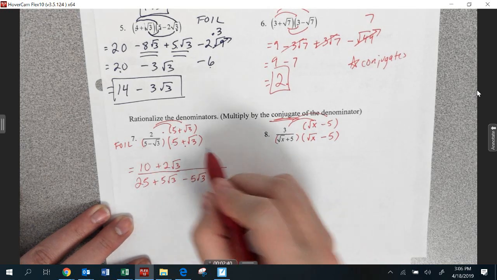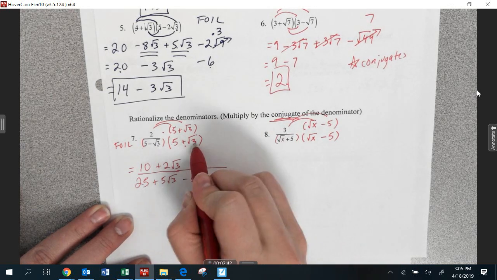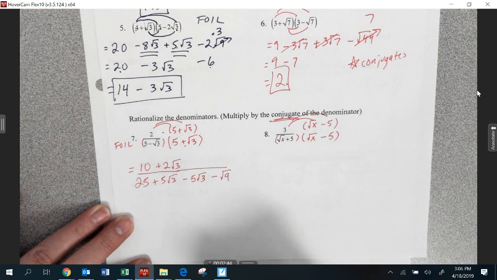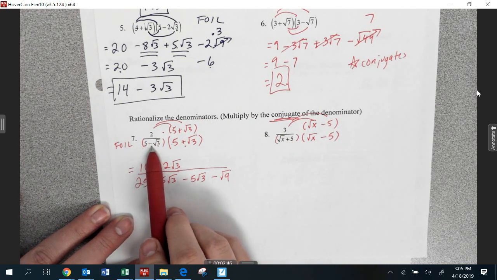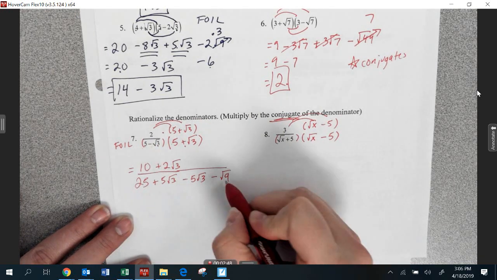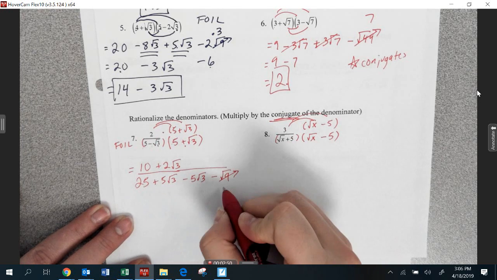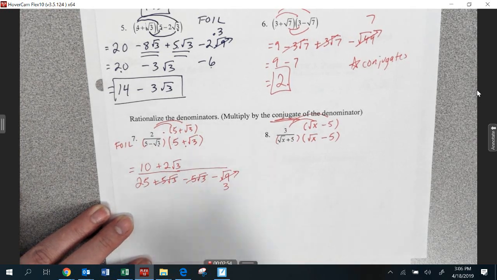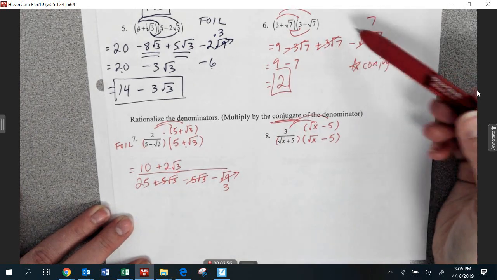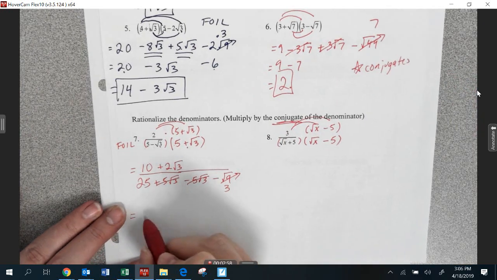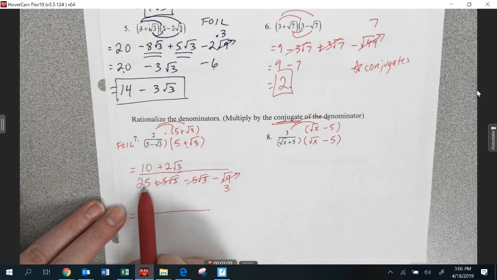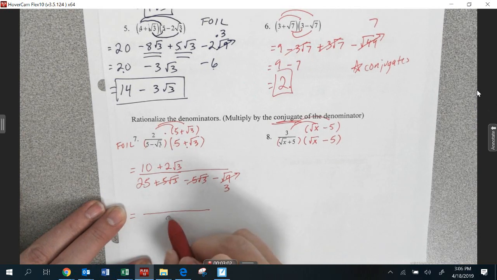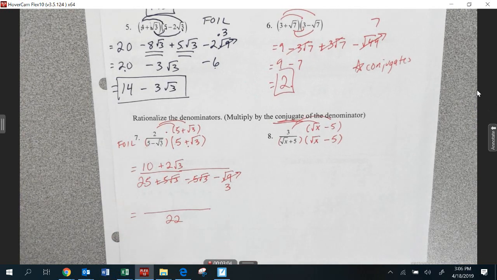And then my lasts would give me radical 3 times radical 3, which would give me negative radical 9. And this would be negative because I've got a negative times a positive. Now this we know is going to simplify down to just whole number 3. These two are going to cancel because this is what happens when we have conjugates, which means in the denominator I'm just going to be left with 25 minus 3, or just 22.